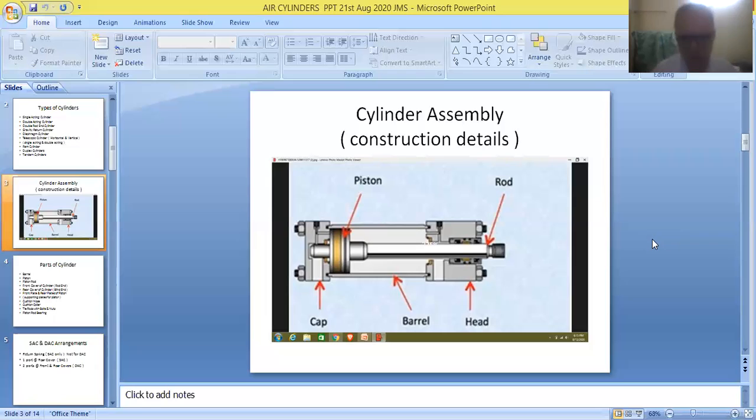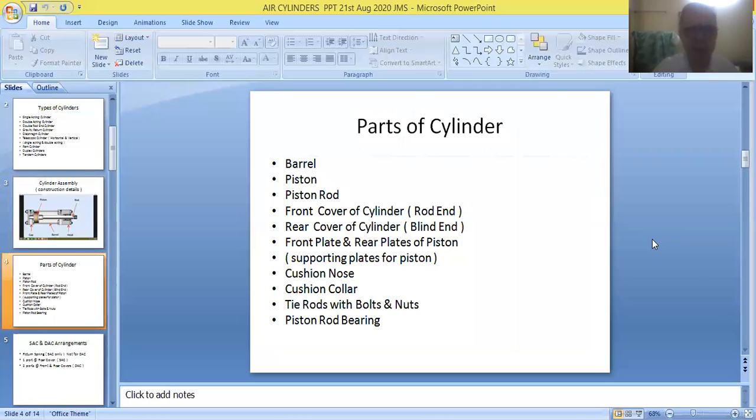So friends, these are the various elements that are very essential for constructing the assembly of cylinders.